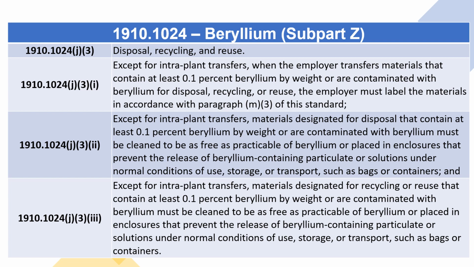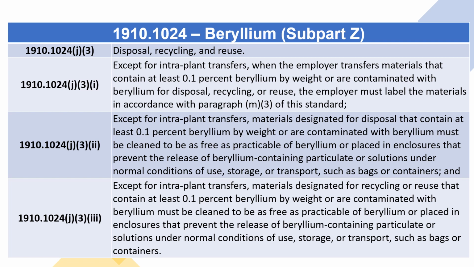Except for intraplant transfers, materials designated for disposal that contain at least 0.1% beryllium by weight or are contaminated with beryllium must be cleaned to be as free as practicable of beryllium or placed in enclosures that prevent the release of beryllium-containing particulate or solutions under normal conditions of use, storage, or transport, such as bags or containers.